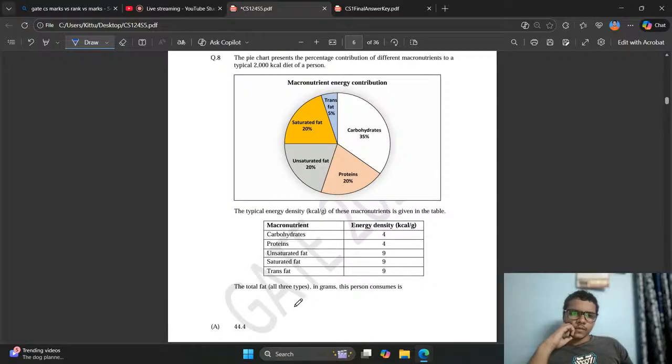So a person consumes total fat, which is 45% of 2000.